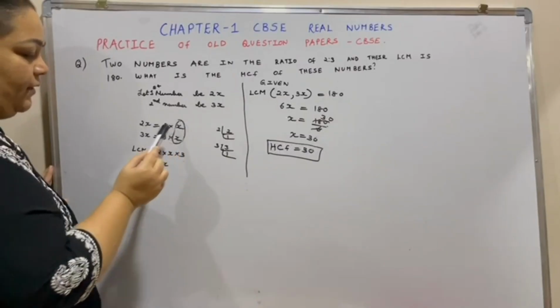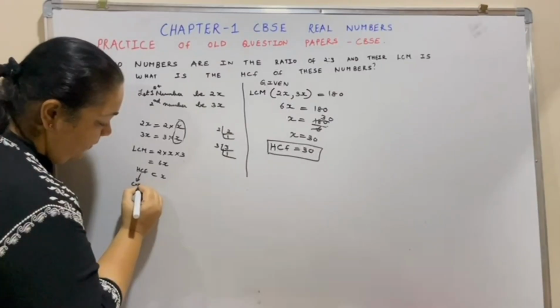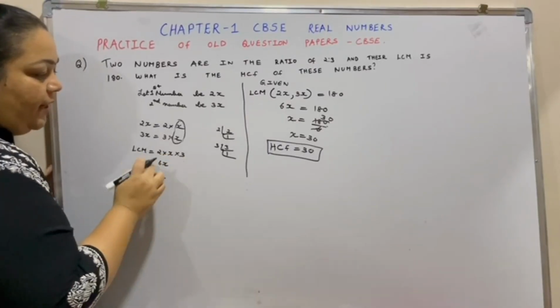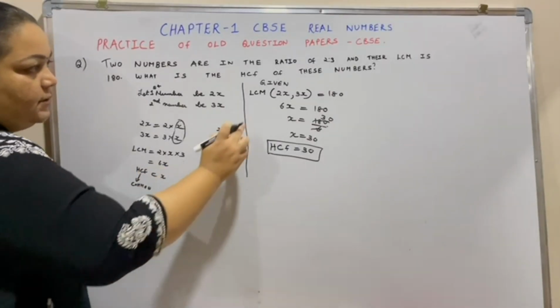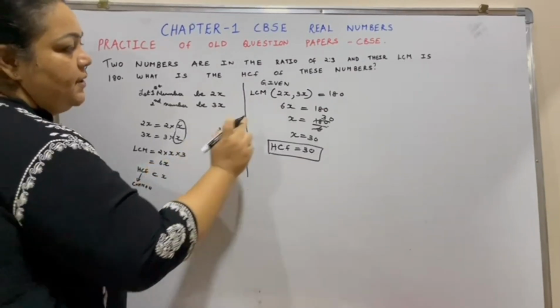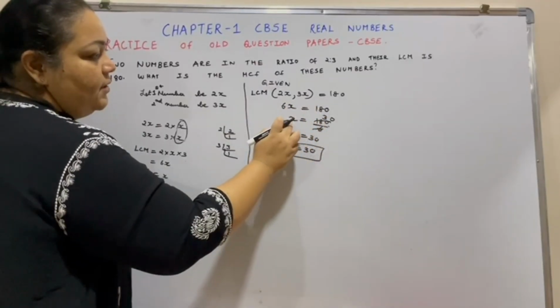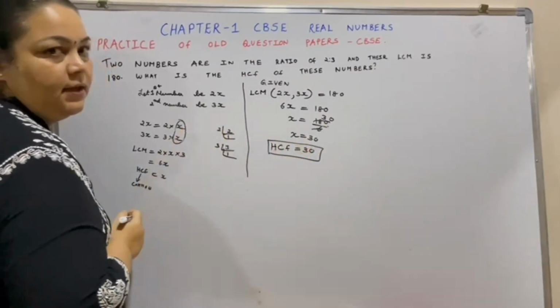HCF is only the common factor. For LCM, write the individual species and write the highest power, so it is 6x. So 6x we used in this equation: 6x is equal to 180, so x is equal to 180 by 6, x is equal to 30, HCF is 30.